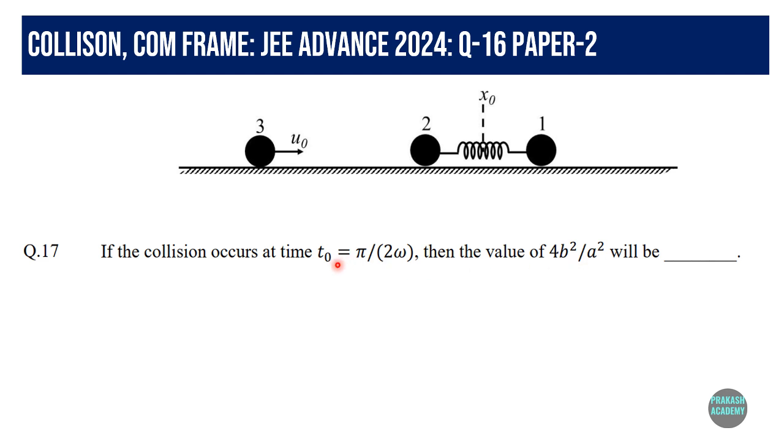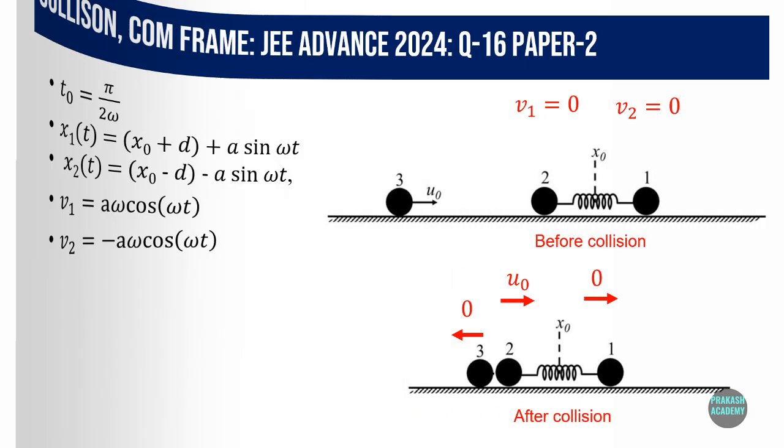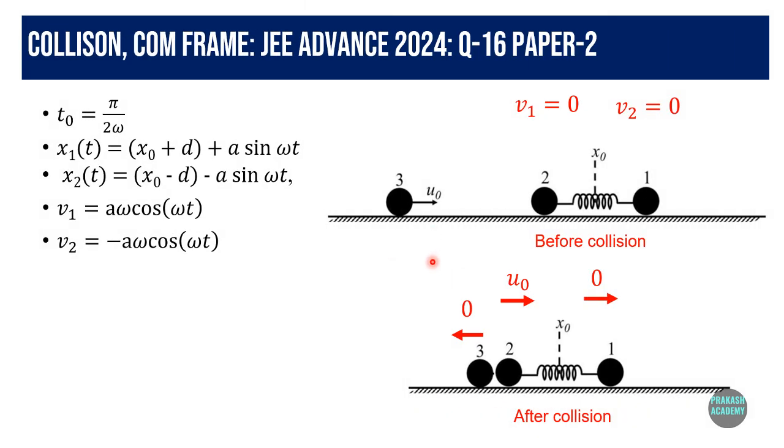So now collision occurs at this time. So let us first find the position and velocity of this particle and this particle before the collision. So position is given by this formula. So if I put t equal to pi by 2 omega, so this will be pi by 2 omega, so this is sin pi by 2.